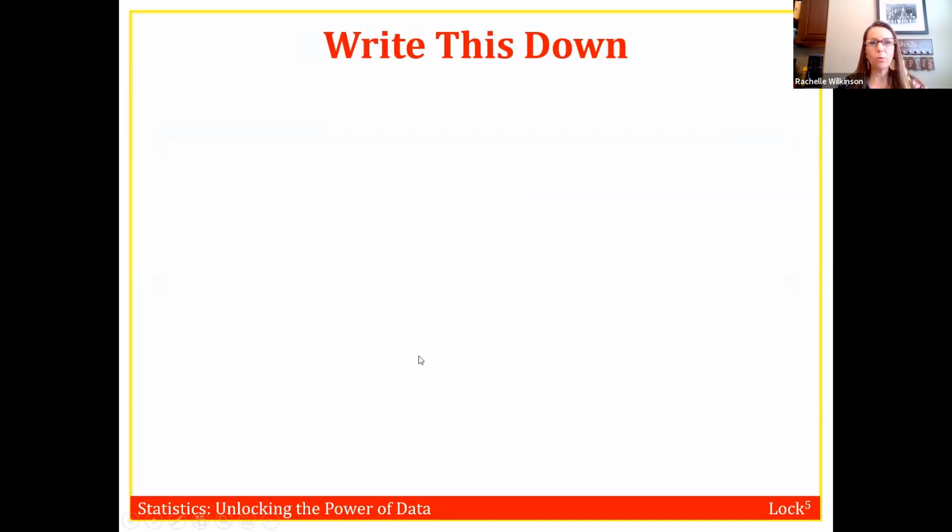All right, so before we get going with everything, of course, there are more terms that we need to learn. So let's talk about some of the vocabulary that we're going to be using. So the first word is parameter. And a parameter is going to be a number that describes the population.